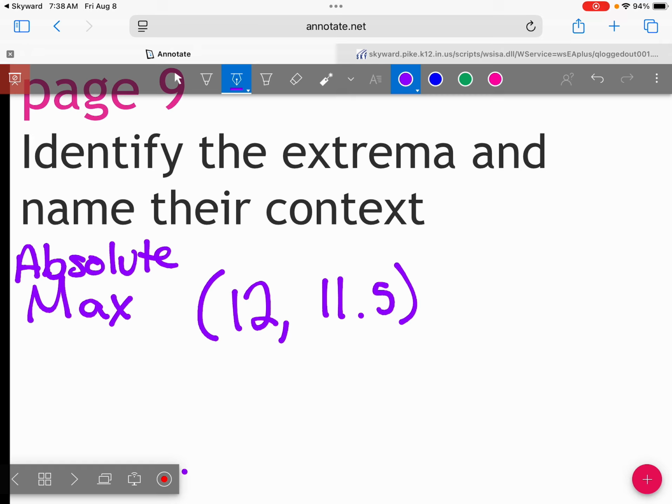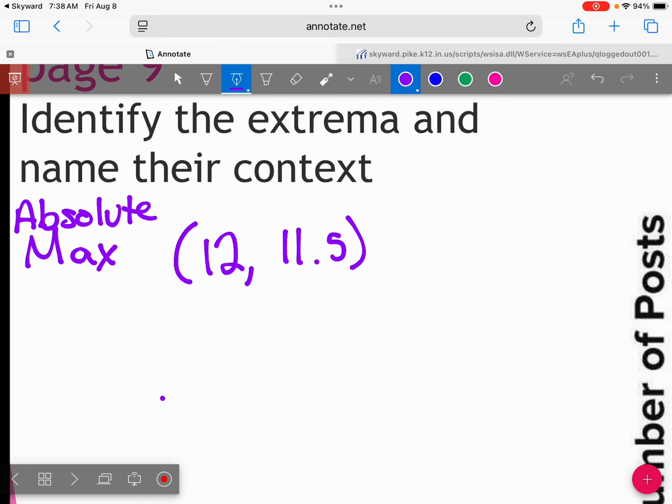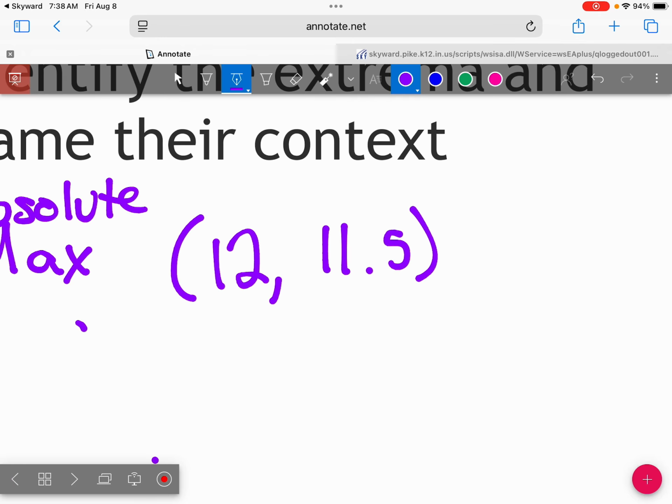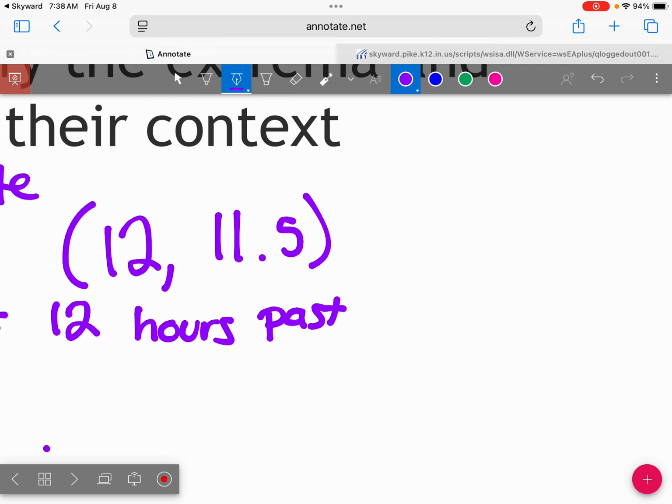Right here. Not even something I touched the screen with. So at 12 hours past midnight is where we have our highest point. And you can put that in your context if you want to, or you can just say at 12 hours past midnight, that's our label.